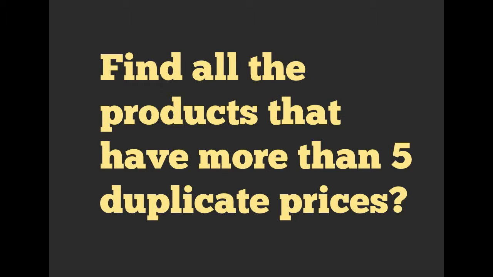So let's say we've got a products table and we want to find products that have more than 5 duplicate prices. So this would mean if we have a product that's an iPhone charger that costs $20, and we have a cup that costs $20 and a hat that costs $20 and a bookcase that costs $20.